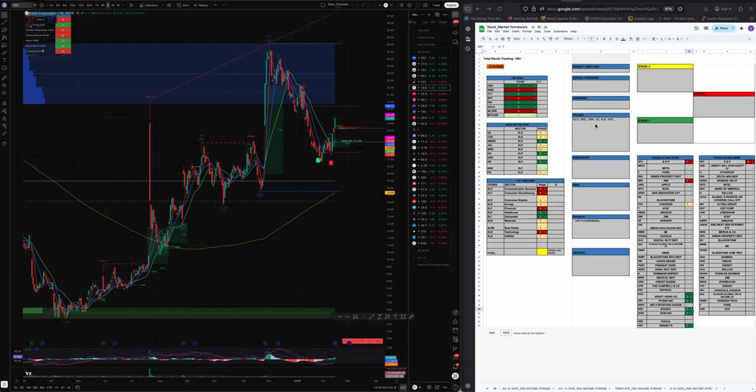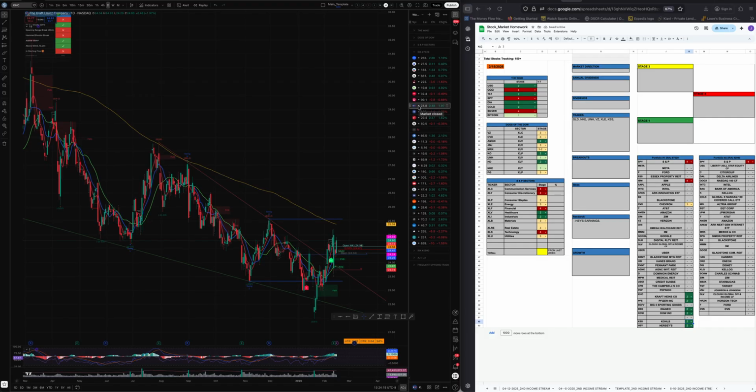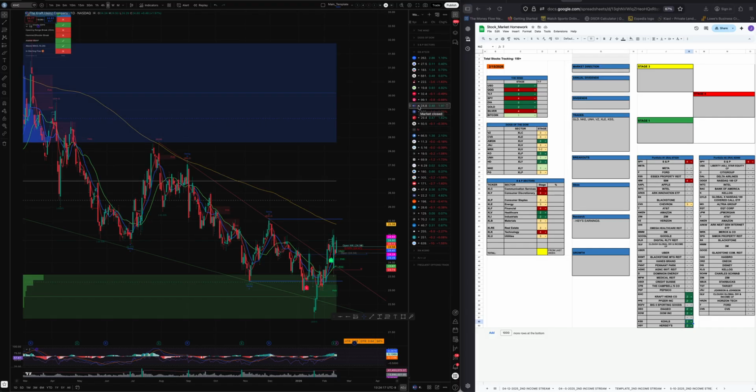Oh, Coles. My fault. And KC. It's also in stage two.